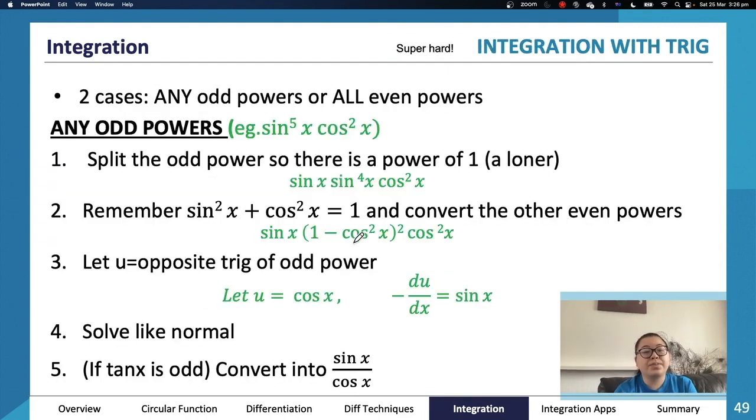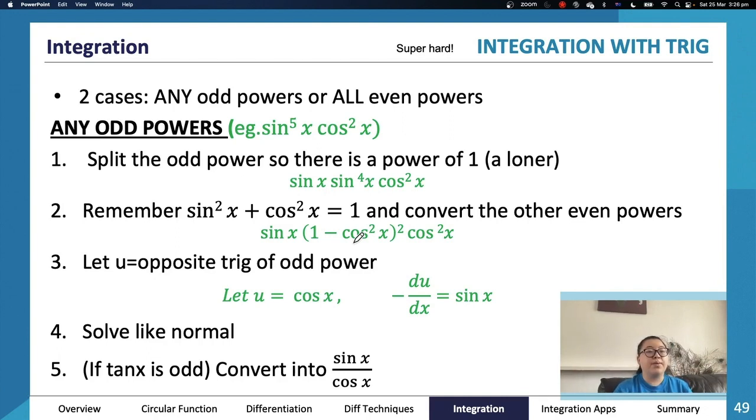Okay, integration with trig. We've already done a little bit of this, but essentially if you have even or odd powers, when you look at a trig expression with sine and cos all together, you want to look for which one has the bigger power, and you want to make everything the same base. Then you can use that substitution with u to get rid of it.